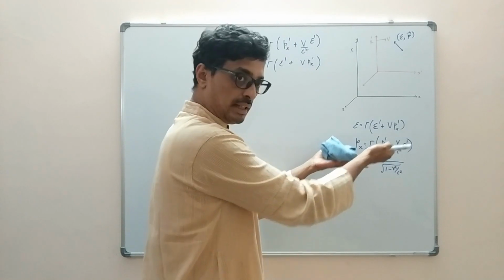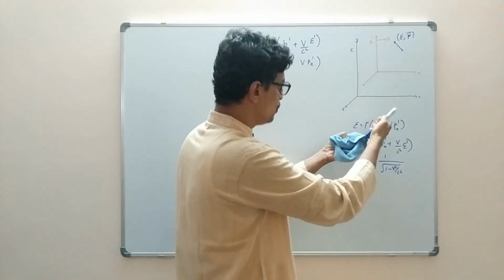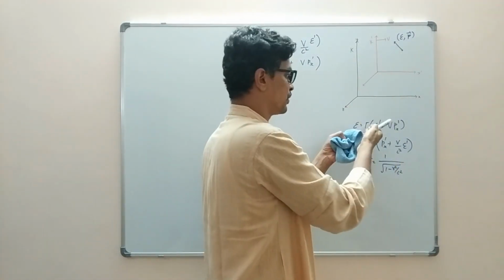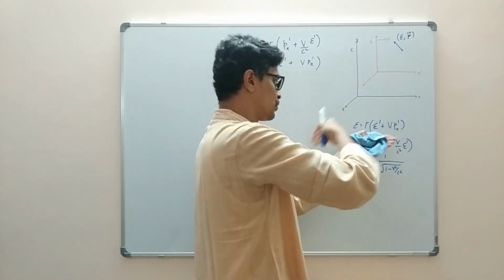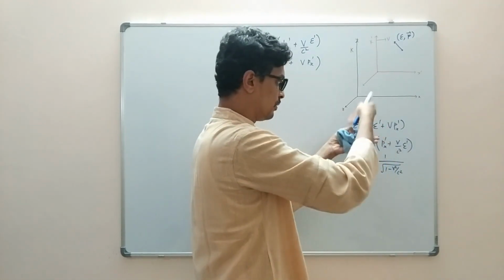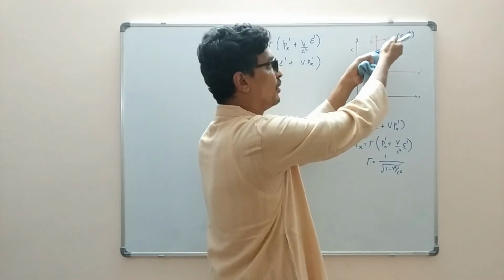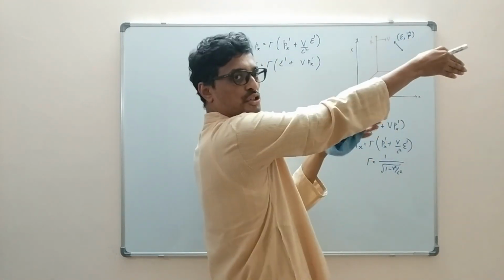Well, to get the converse, that means how E prime is related with respect to E, all we have to do is, you can always find it out from calculating, but it is simple. When you sit here, the velocity of K is going to be opposite.